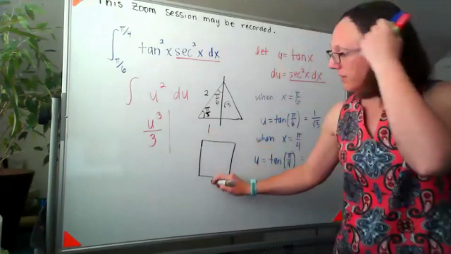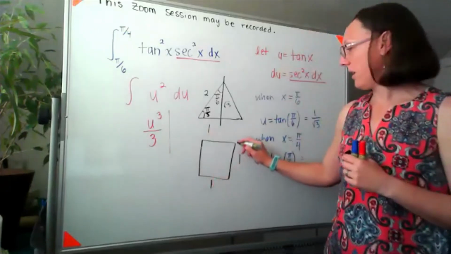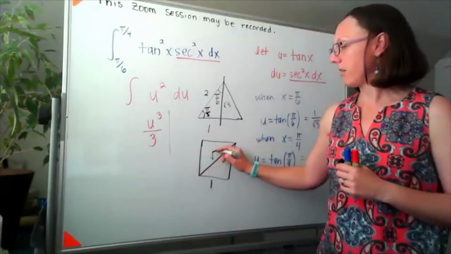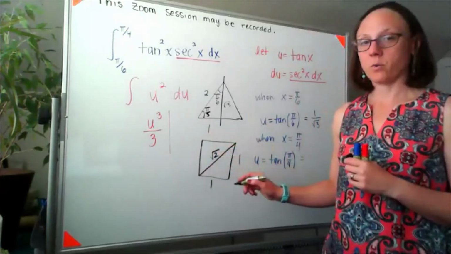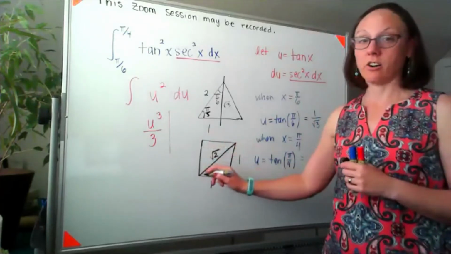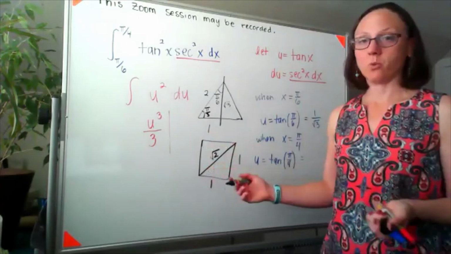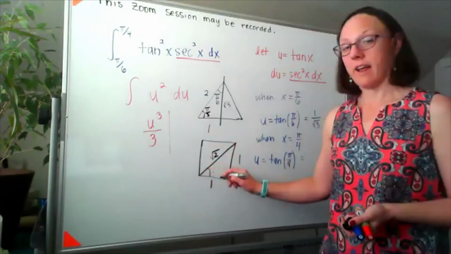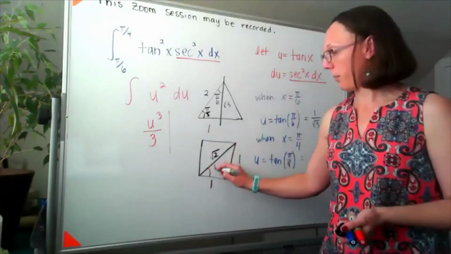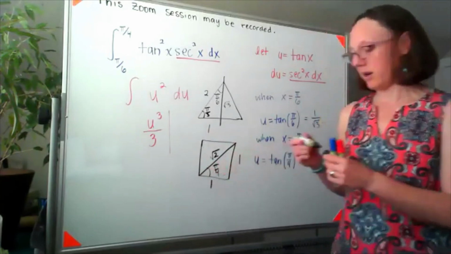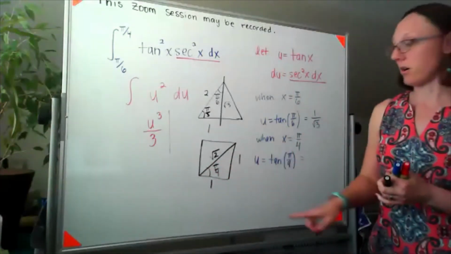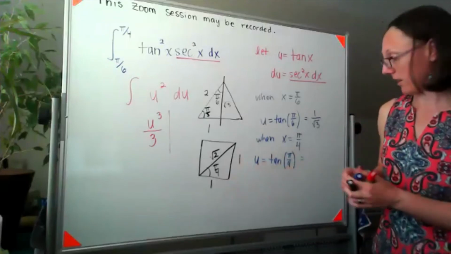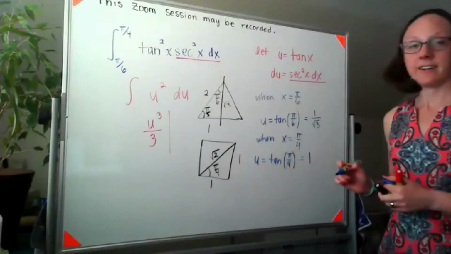And if all of the sides on my square are 1, and when I cut it in half, the hypotenuse will be the square root of 2, because all the interior angles were pi over 2, or 90 degrees. When I cut it in half, it's 45 degrees, or pi over 4. So tangent of pi over 4, looking at opposite over adjacent, that's going to equal 1.